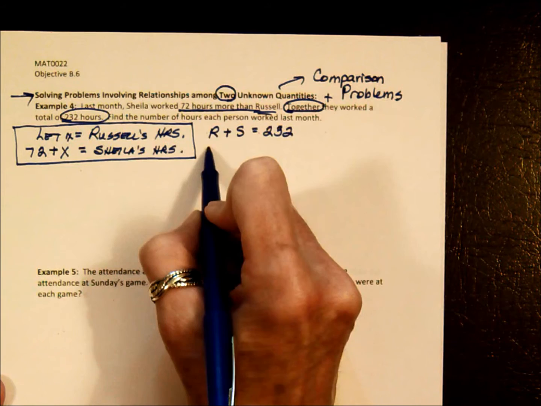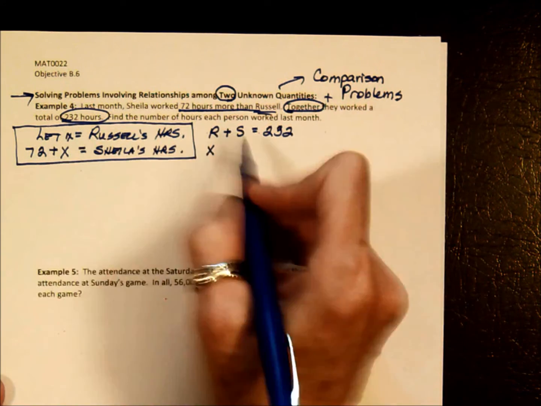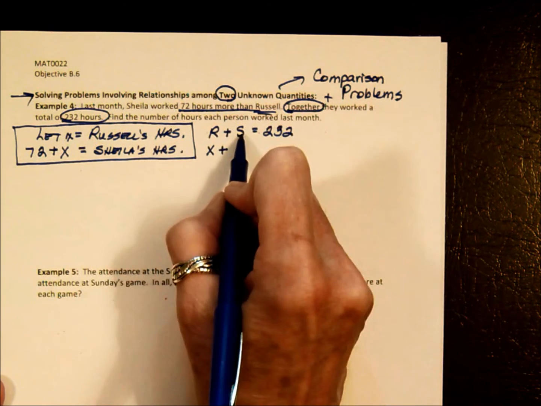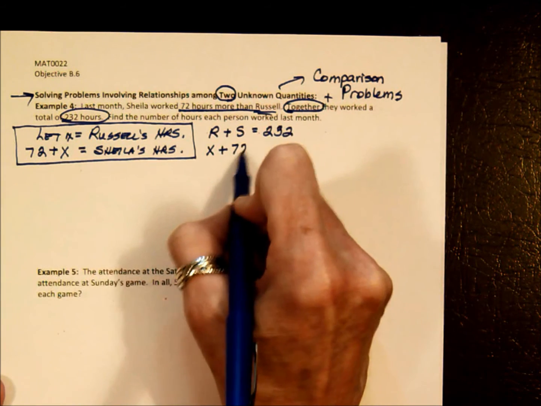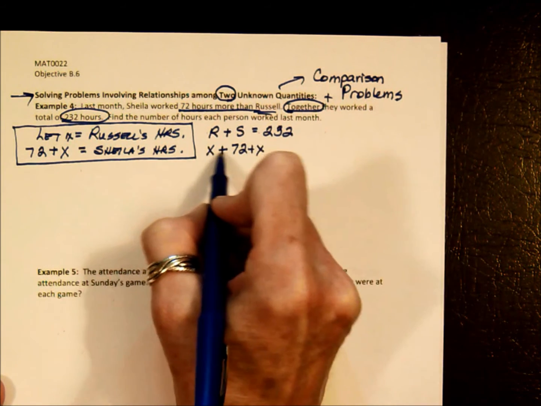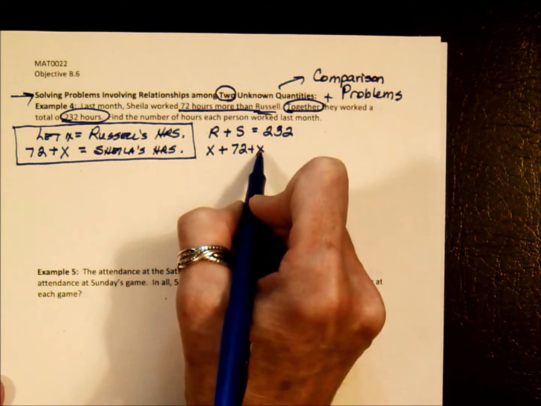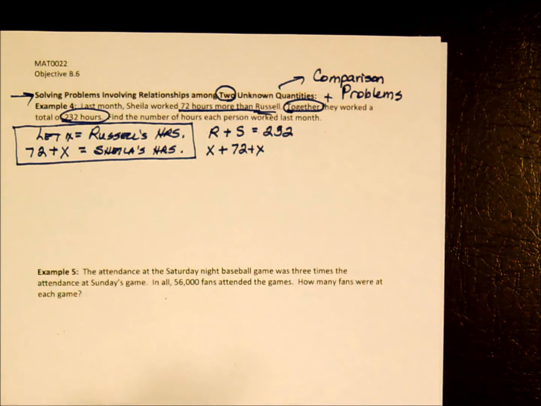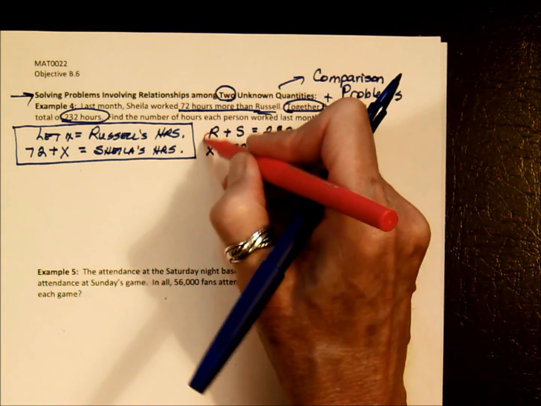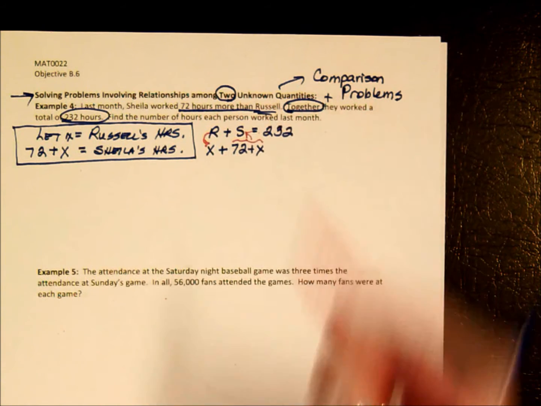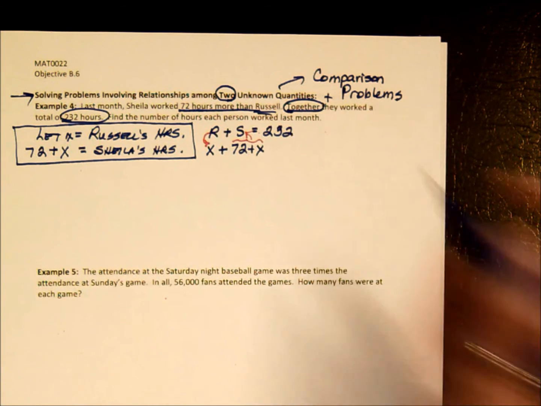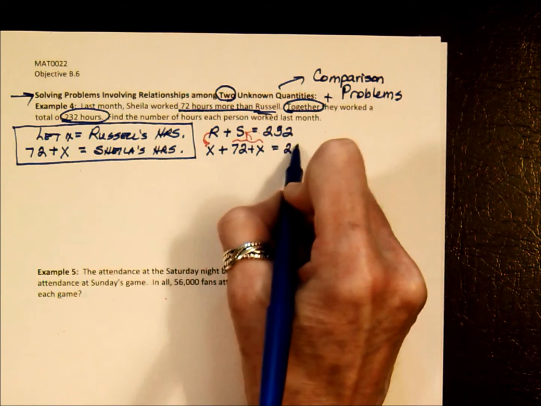So Russell is X, because I said so, plus, what is Sheila? 72 plus X. So it's not just X plus 72, it's X plus 72 plus X. So with color, let me show you. This is Russell. This is Sheila. And we know that their total is 232.